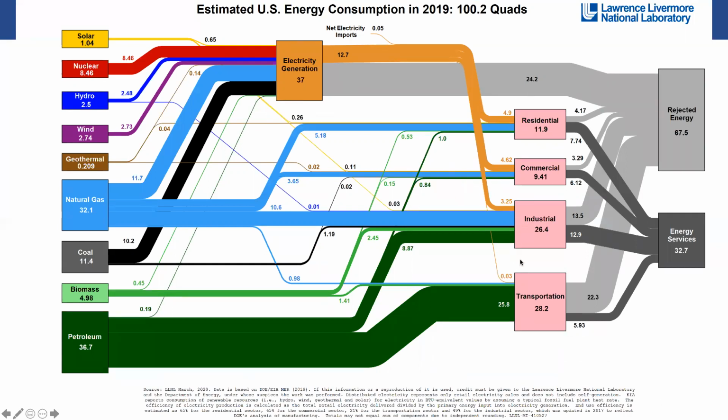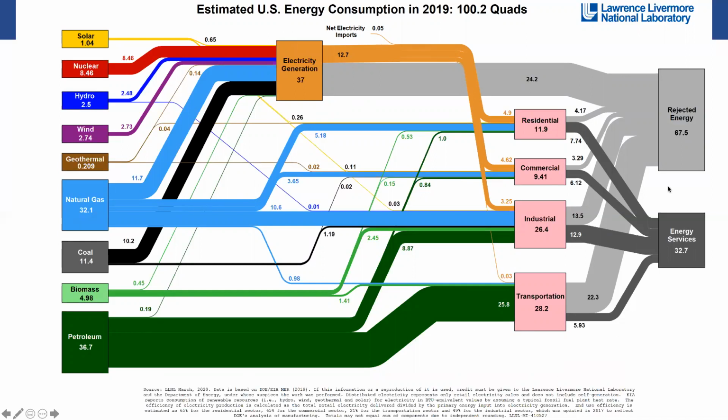So I had shown a version of this graph in a previous lecture, but since then, Lawrence Livermore National Lab released the 2019 energy consumption. So this figure is kind of an update of the previous one. And you can see the slight changes in the primary energy provision across all of these different fuel types.